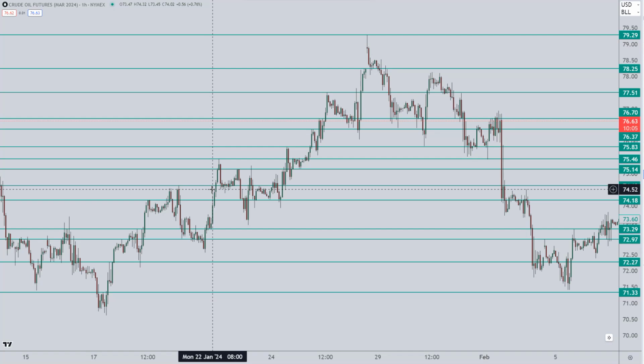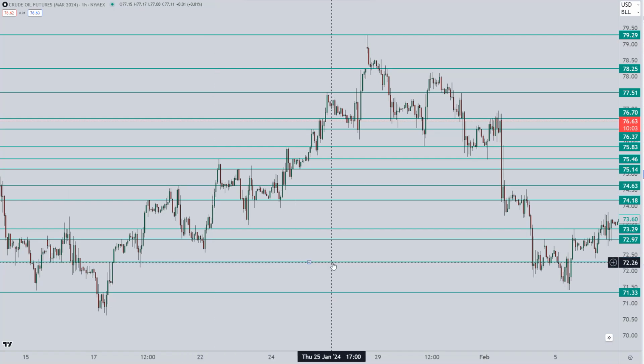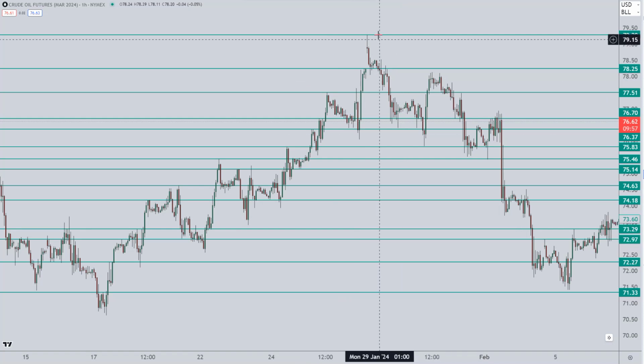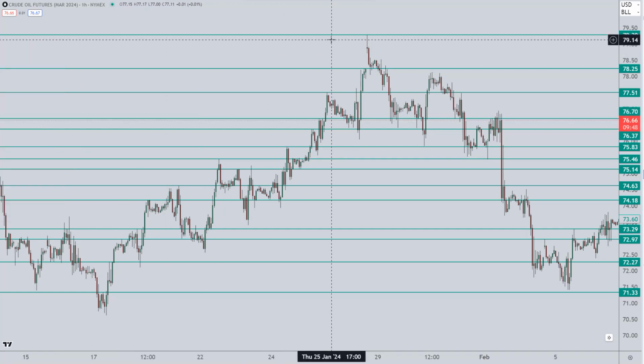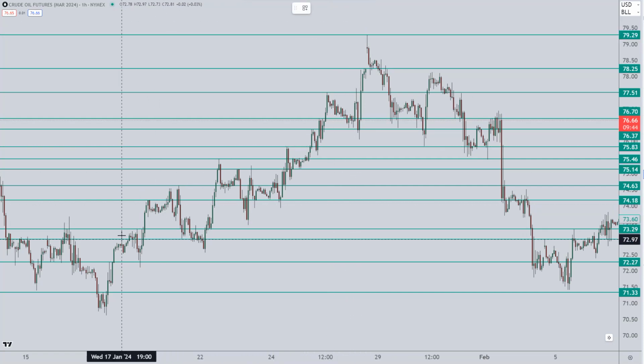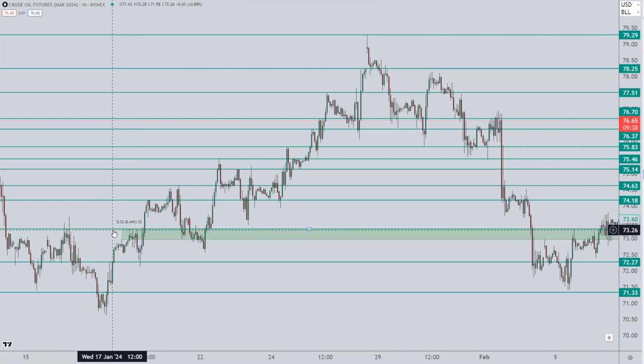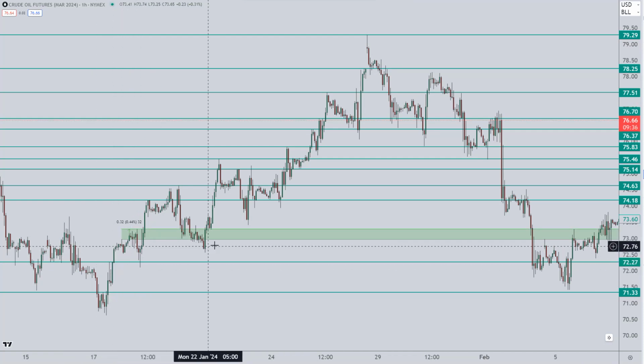When looking at this chart, can you just immediately see what's a zone and what's actual just an individual line? Well, if we use, let me show you, the price range tool or measurer, since it's in that group here on TradingView charts, we can use that to mark our zones of support and or resistance so that we can eliminate the lines that go across the chart.